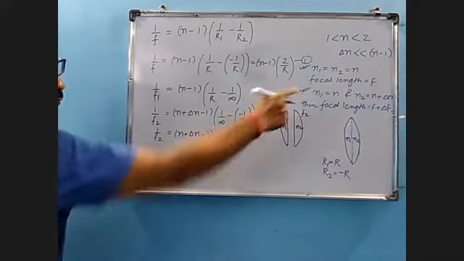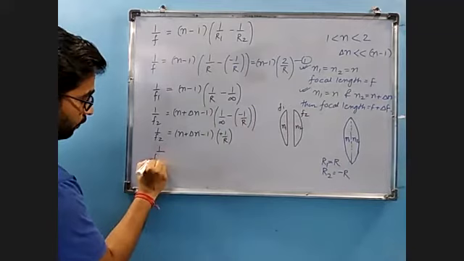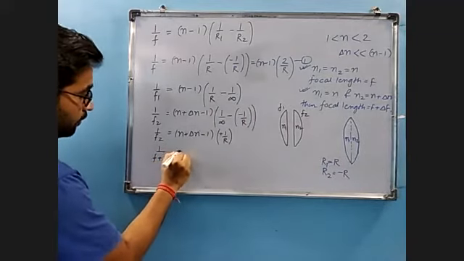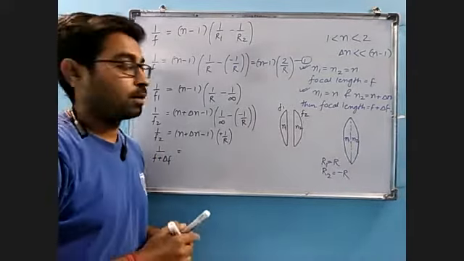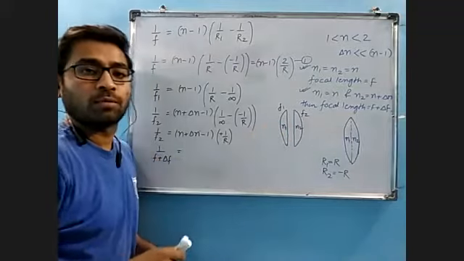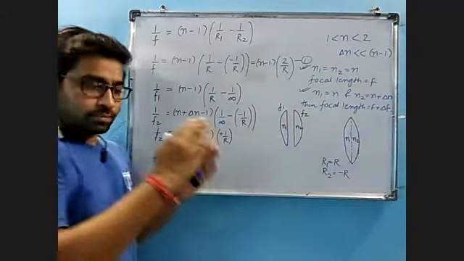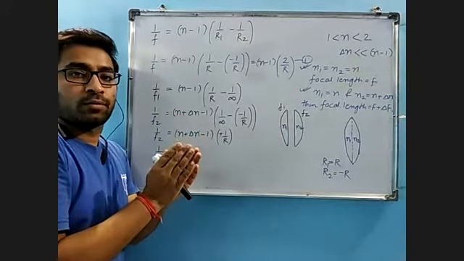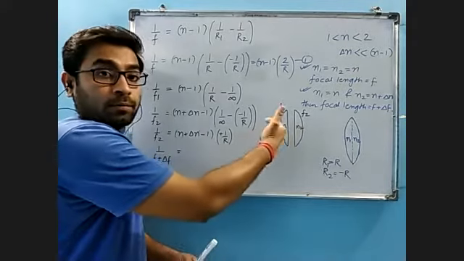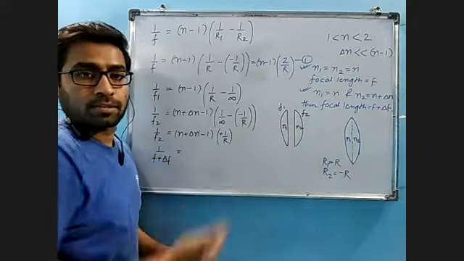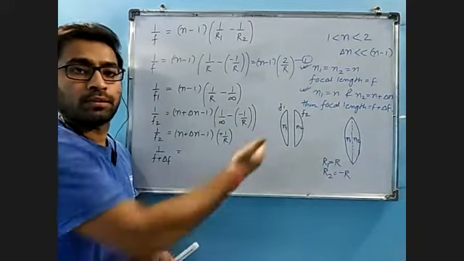Now the combined focal length, which is 1 upon f plus delta f. We know that when two lenses are placed in contact, the power of the combination becomes the algebraic sum of the powers of the two lenses.